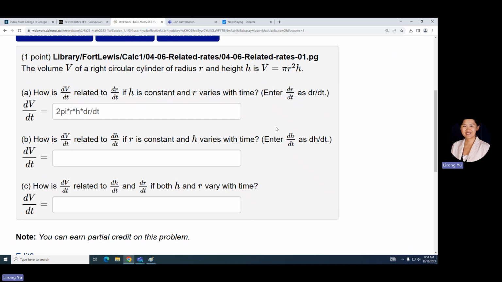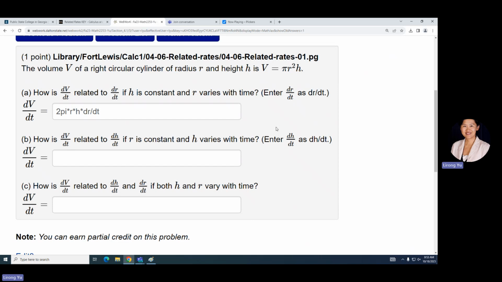Any questions? So there's an interesting fact. 2 pi r is the derivative of pi r squared, right? The derivative of r squared is 2r, so pi r squared has derivative 2 pi r. Remember, pi r squared is the area of the circle, and 2 pi r is the derivative of the area, right? So I hope that relation can be seen. As we lower the dimension, we're slowly differentiating. So area, you got a circle, area is equal to pi r squared.